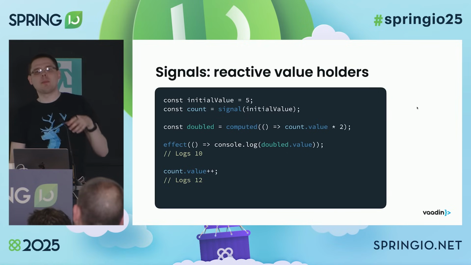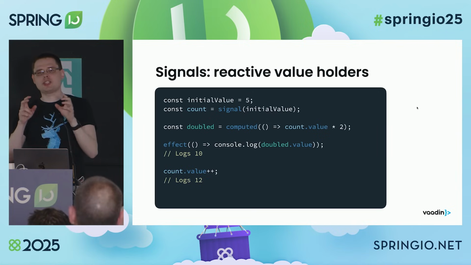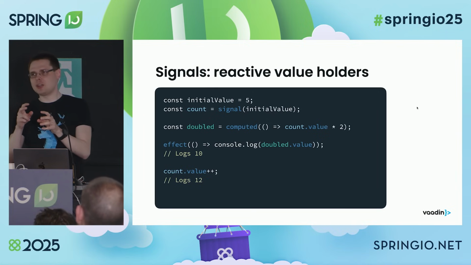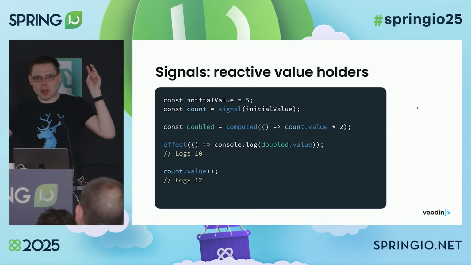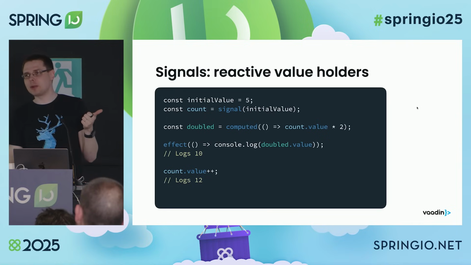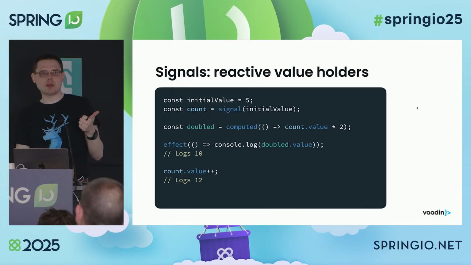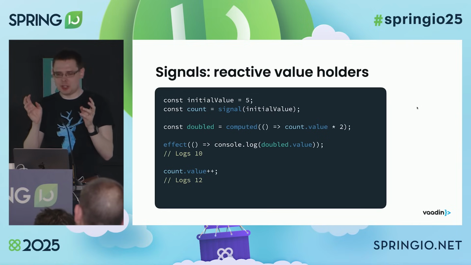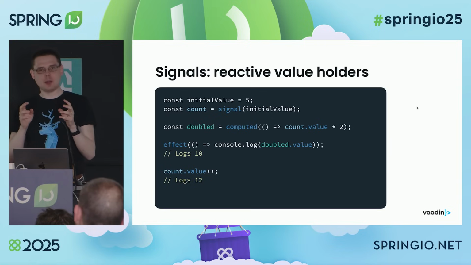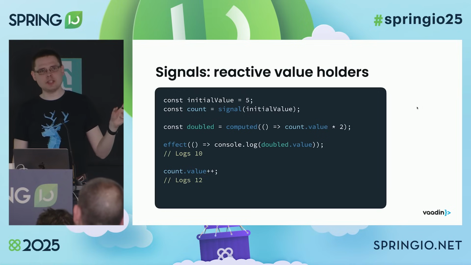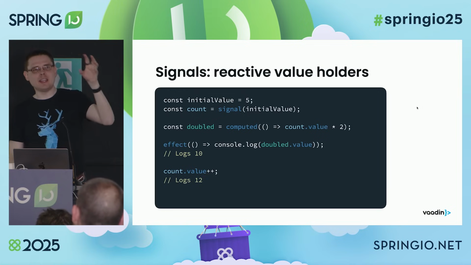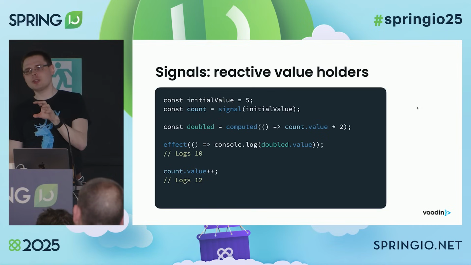So the way this works is that when the effect is run, it's not just running the code, but the library behind the scenes also keeps track of which signals were read while this callback was running. And based on that, the effect sees that now I'm depending on the double signal. And when the double signal was run, it also detected that, oh, I'm depending on the count signal. So then when the count signal value was changed, it invalidates the doubled signal.